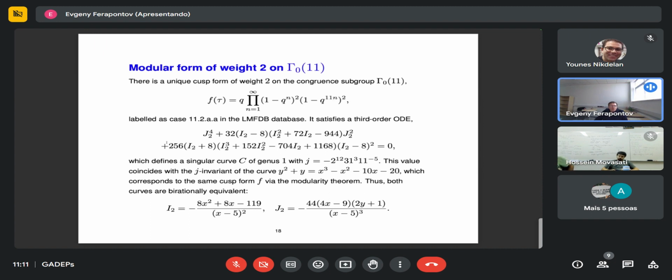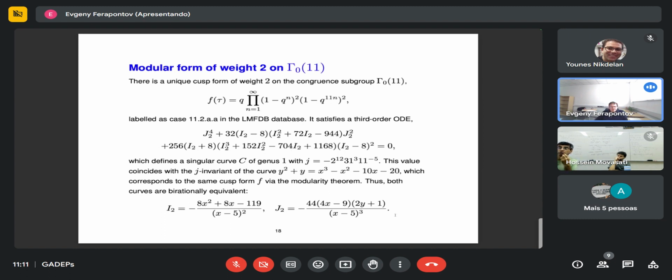And our differential equation defines a curve with the same J invariant. So it means that this curve is actually birationally equivalent to this normal form because they have the same J invariant. If two algebraic curves are birationally equivalent, they have the same J invariant. And this means there is a birational map between them, and it's shown here.